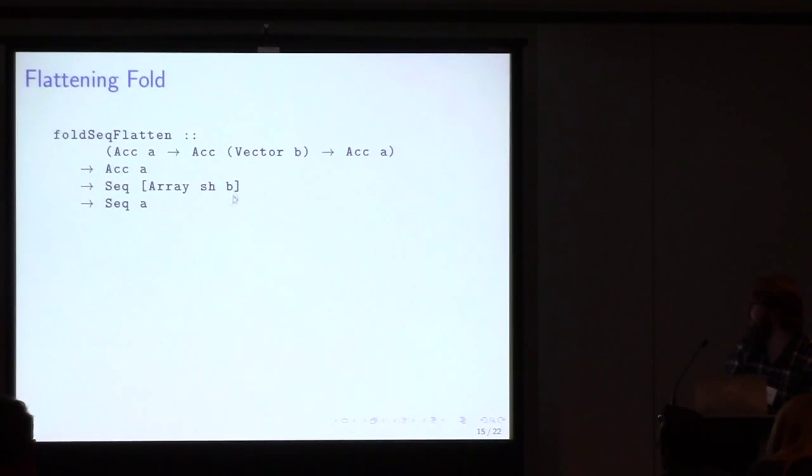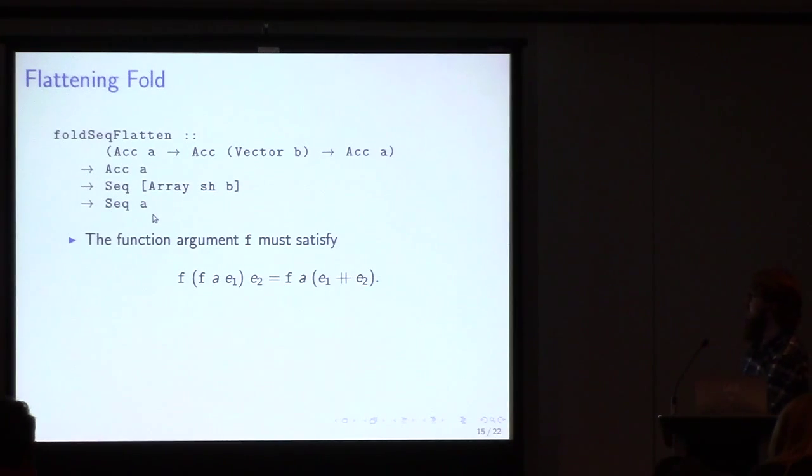But what you need to notice here is that it can fold a sequence of arrays of any shape, but it only accepts a vector, so it flattens the input element, and then it applies this folding function. And then we require semi-associativity, meaning that you must be able to concatenate vectors as much as you want, and it should give the same result. And this means we can also fold chunks, just as you would fold one element at a time, just by flattening again.